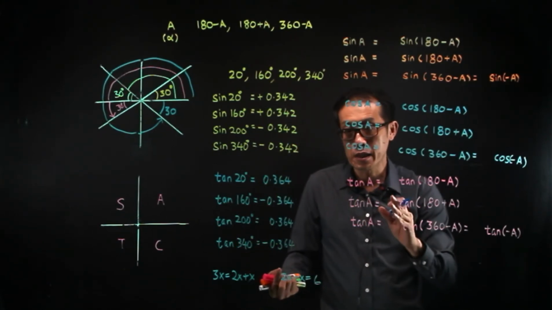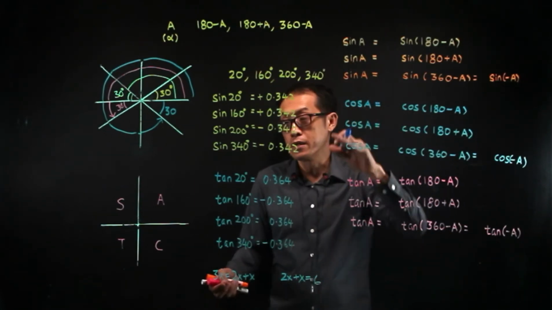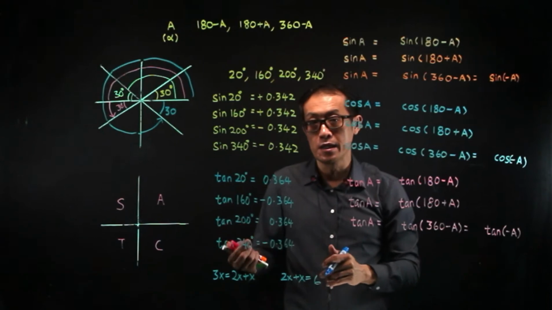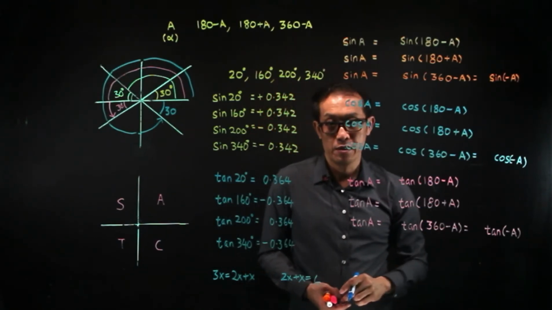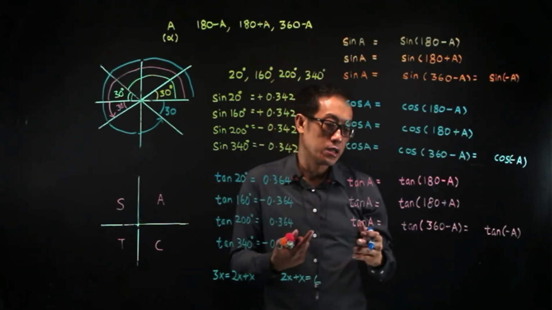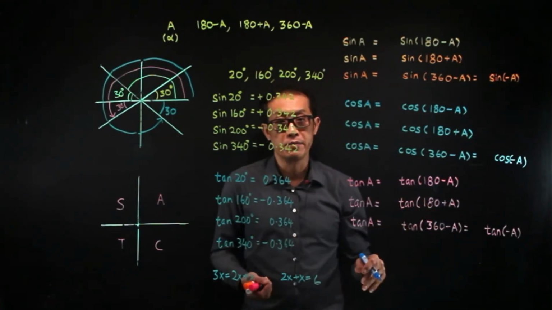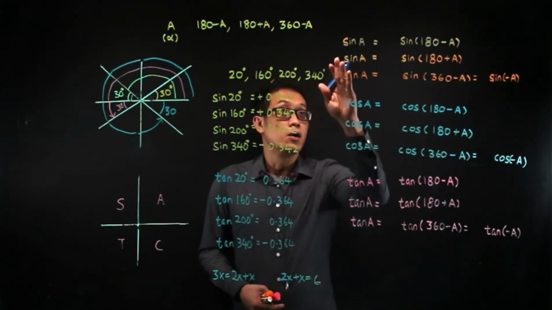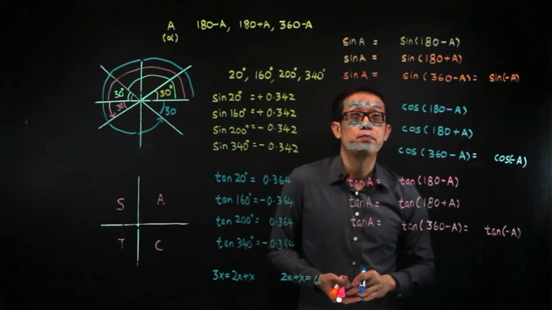But it really doesn't matter which angle you let A be. It is easier to imagine if you put A as a first quadrant angle. Even if you put A as third quadrant, second quadrant, or fourth quadrant, if you analyze it properly, it will still be the same. But for simplicity, we take A as first quadrant. That will help us a lot.